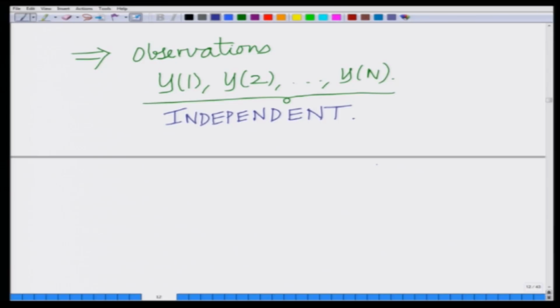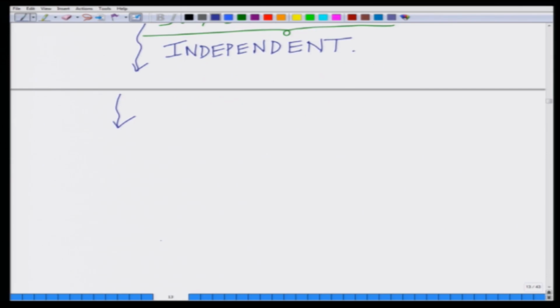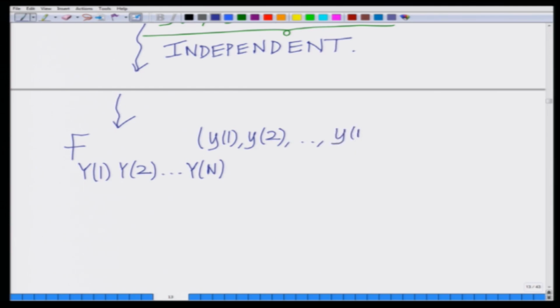Therefore, if I look at the joint PDF, that is f of y 1, y 2 up to y n of y 1, y 2 up to y n, what is this?